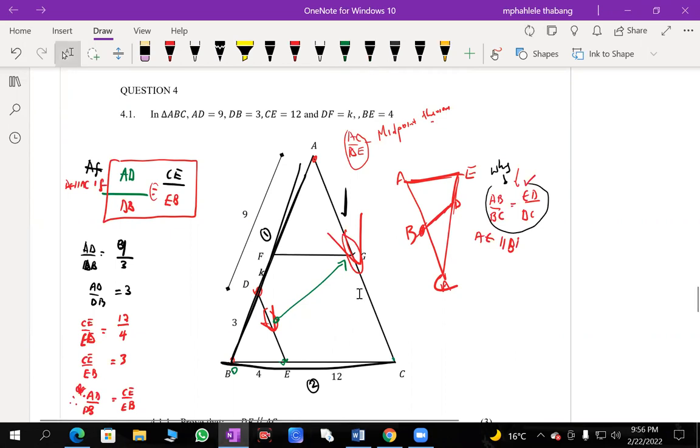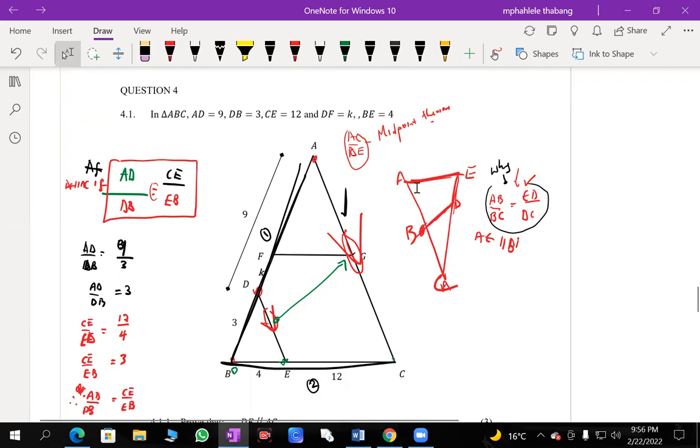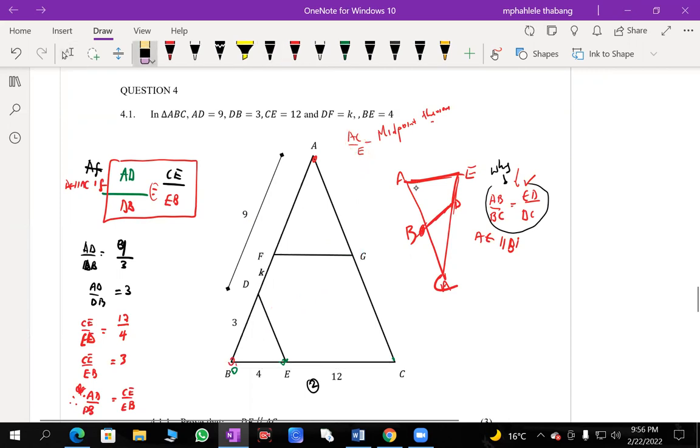Can you read the theorem again? Every line drawn parallel to one side of a triangle. In this case, which line is drawn parallel to one side of a triangle?